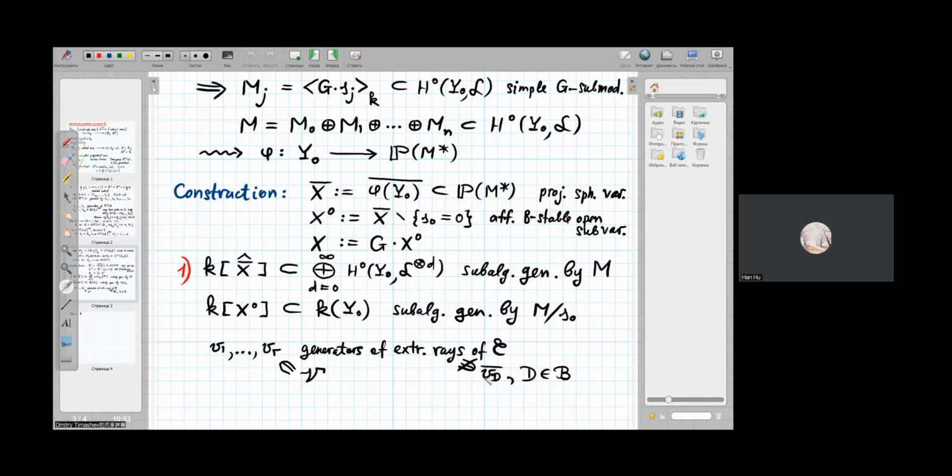Okay, they are the extremal rays that are not generated by the VD bar, right? Yes. We take these extremal rays which are not generated by the VD bars, and therefore they have to be generated by some vectors from here. Okay.